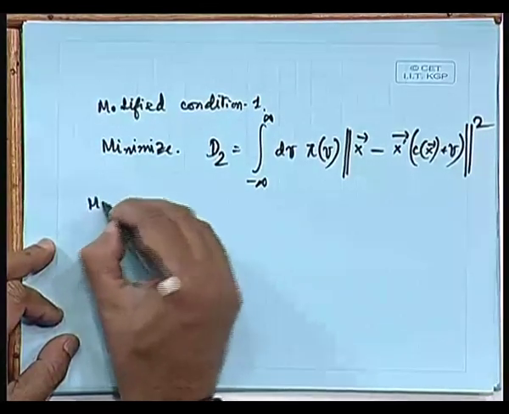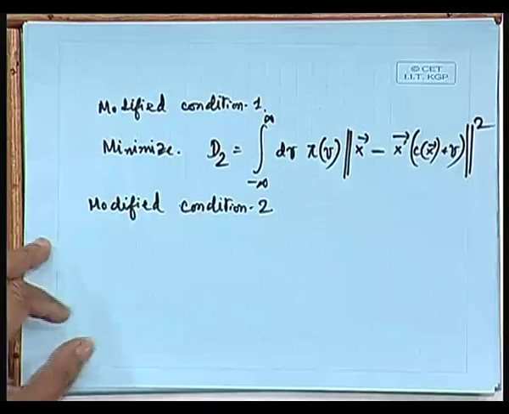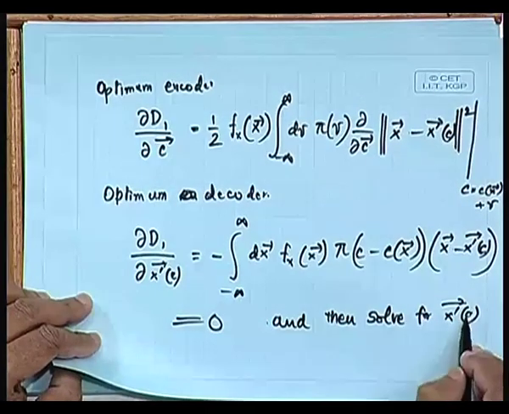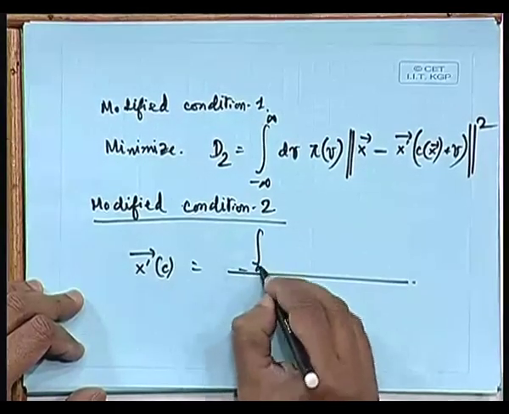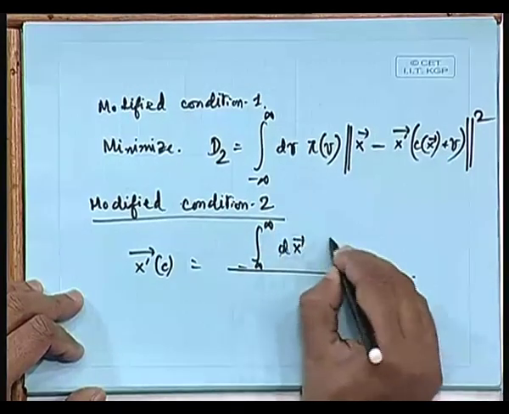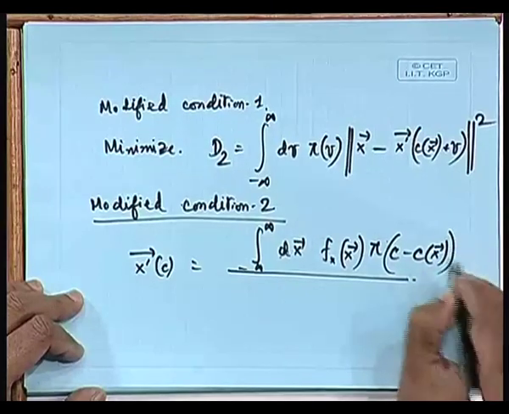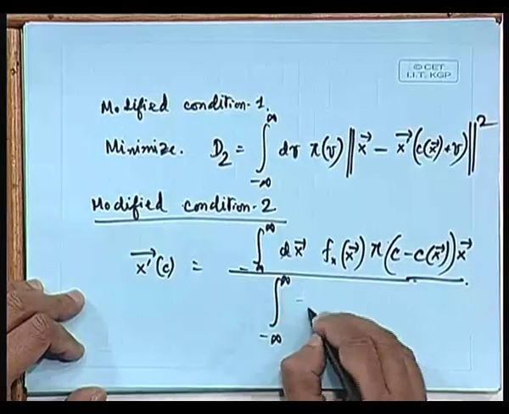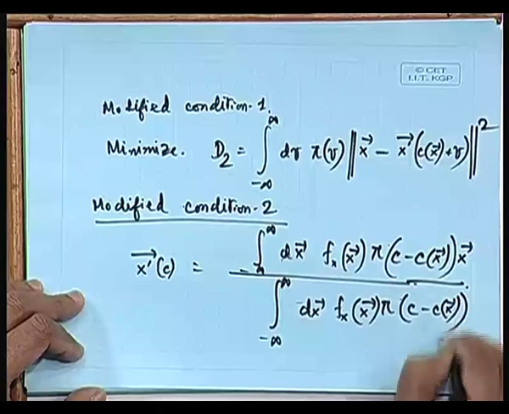And the modified condition 2 will be obtained by solving the optimum decoder term, that is, setting this ∂D1/∂x prime C to 0 and then solving for x prime C. The solution of x prime C is given by the integral from minus infinity to plus infinity dx f_X(x) π(C minus C(x)) x, and in the denominator the integral from minus infinity to plus infinity dx f_X(x) π(C minus C(x)), without the x term.